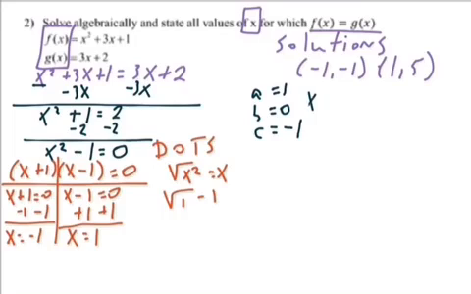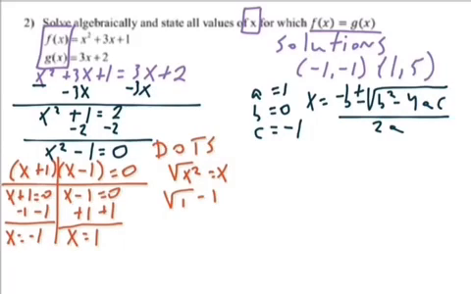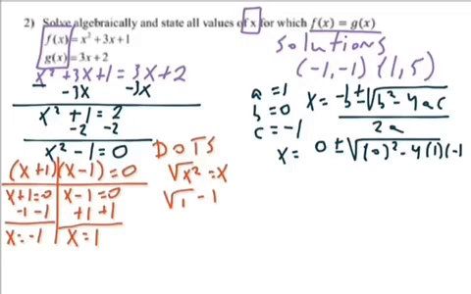The quadratic formula is x equals negative b plus or minus the square root of b squared minus 4ac over 2a. When you plug in the numbers, x equals negative b means the opposite of b, but 0 would stay the same, plus or minus the square root of 0 squared minus 4 times 1 times negative 1, all over 2 times 1.